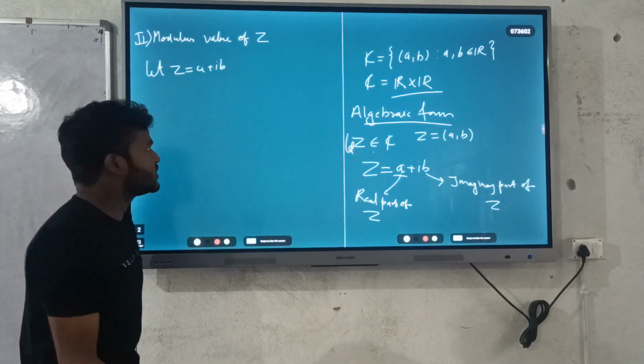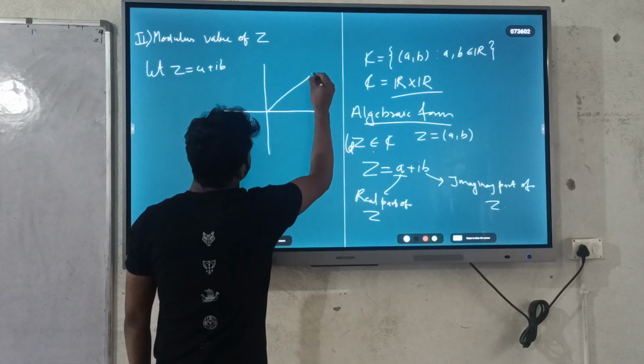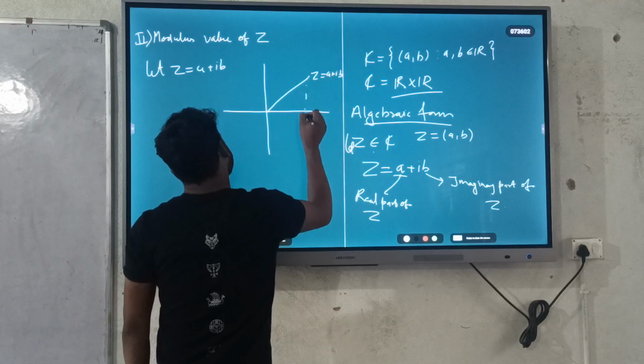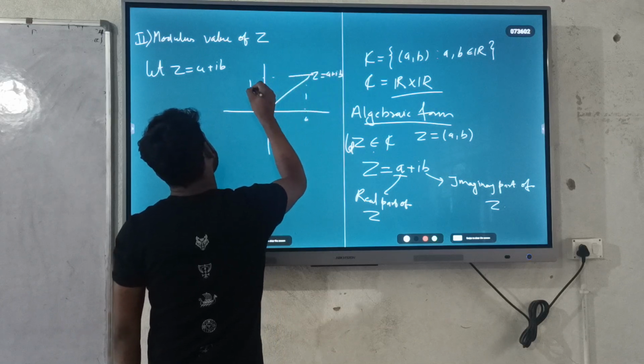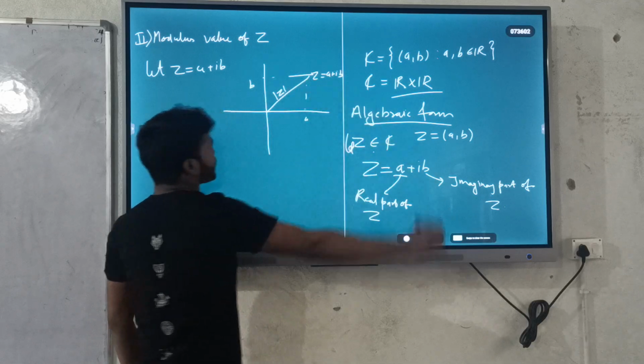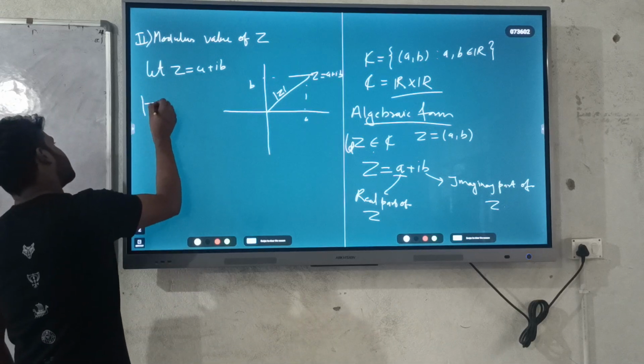Let's first see what a modulus value is. If this is my Argand plane and this is my z, a plus ib, this distance is a and this distance is b. So this length is called the modulus value of z, denoted by mod z.